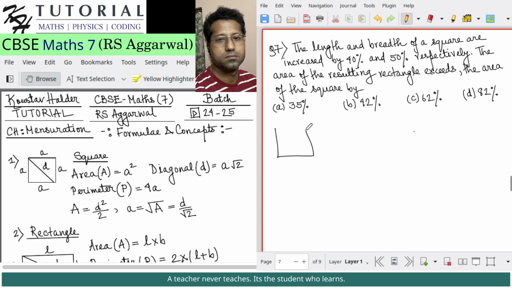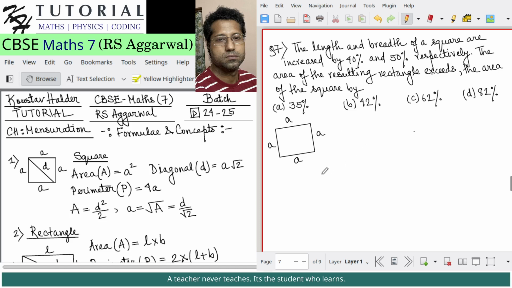So initially there was a square. Let's say this was the square. The length and breadth of a square are increased by 40% and 50%. We know that initially the length of each side of the square was a. So basically, a square is another rectangle where the length and breadth are equal.